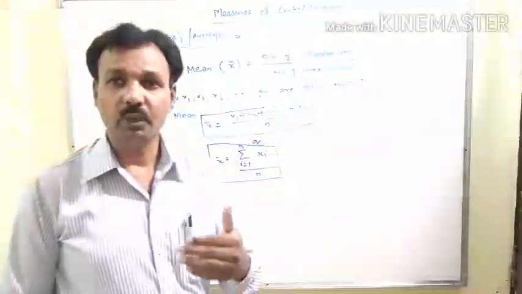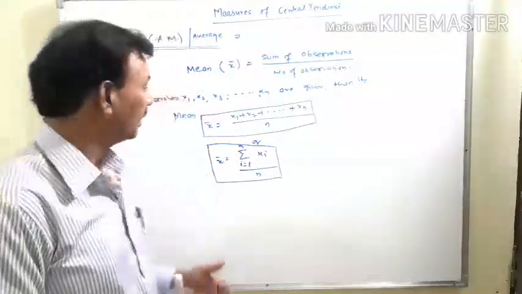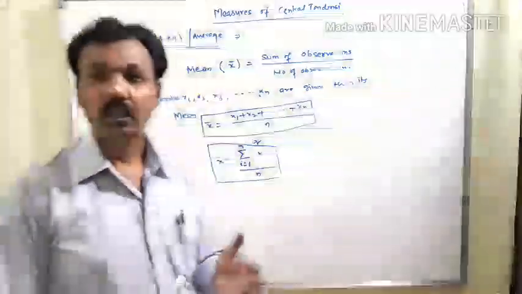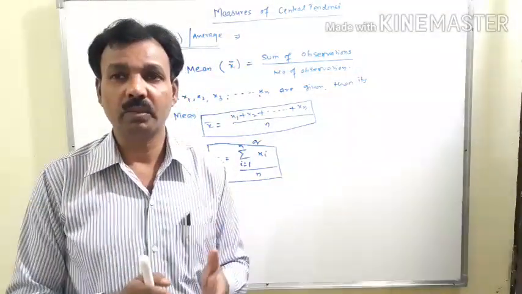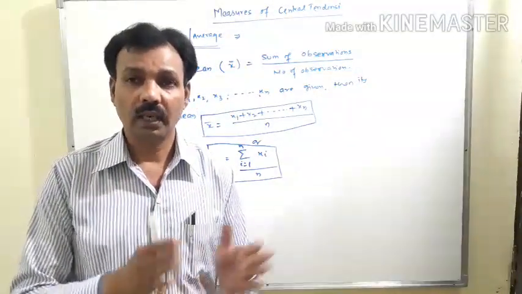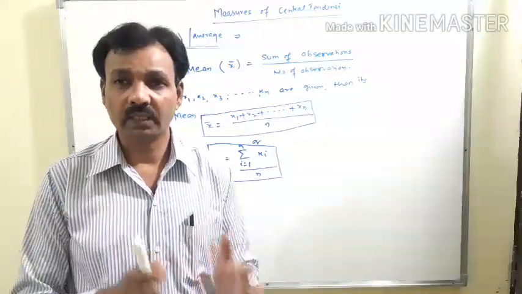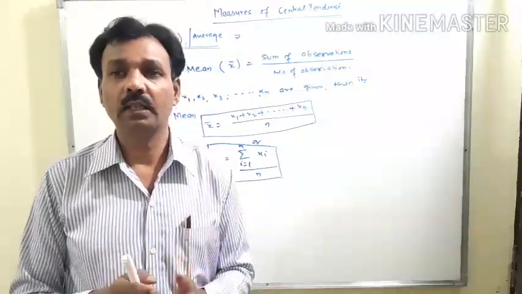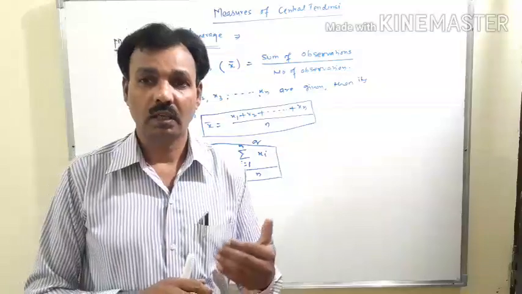Now the next important formula for finding the mean is when data is given in the form of x and f, where x means observations and f means frequency.